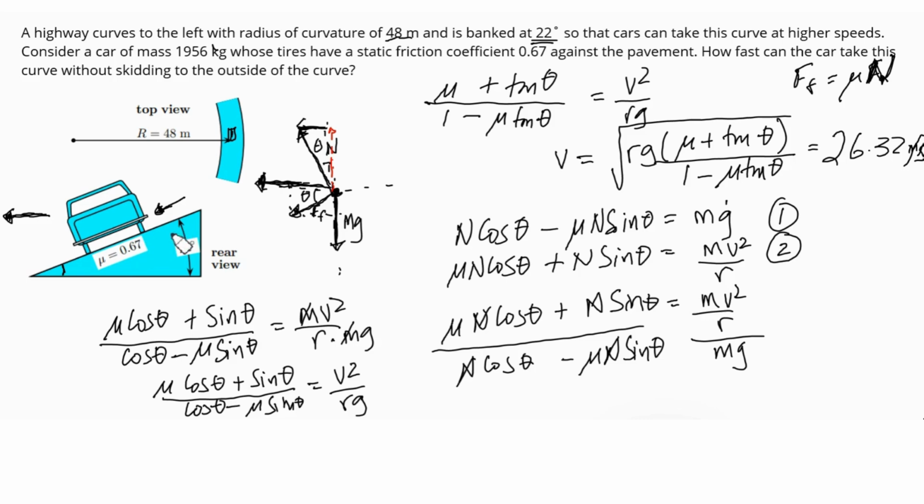If you had this problem without the bank, I bet the speed would be smaller. The banks allow you to take the turns at much higher speeds. So I hope this made sense. I'll quickly review this. We used the forces in the y direction and the forces in the x direction to write out our first expressions using Newton's second law, and then we set that equal to mv squared over r, the x component.